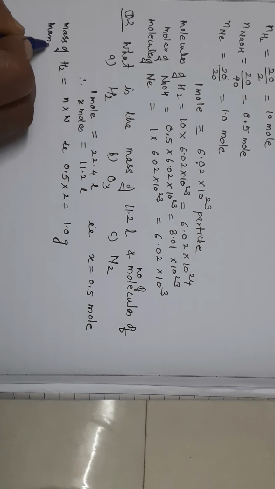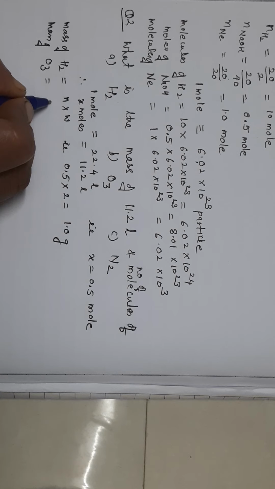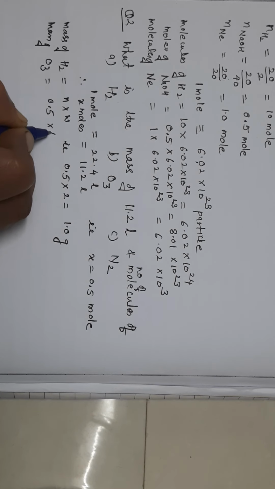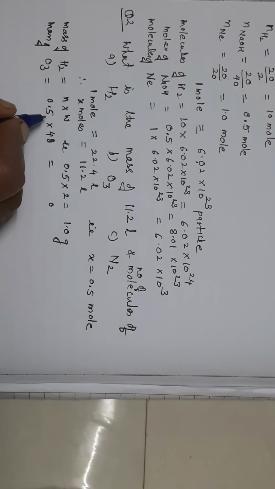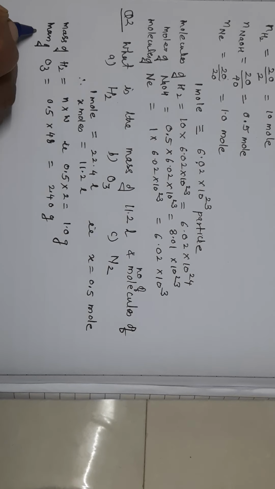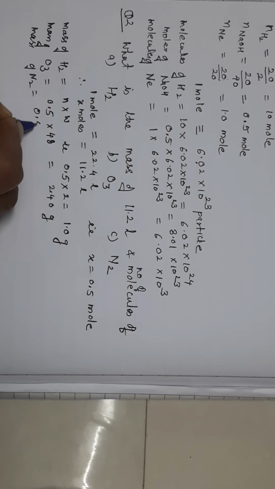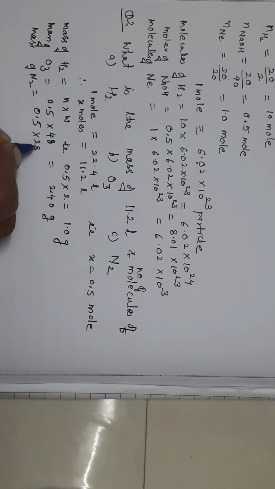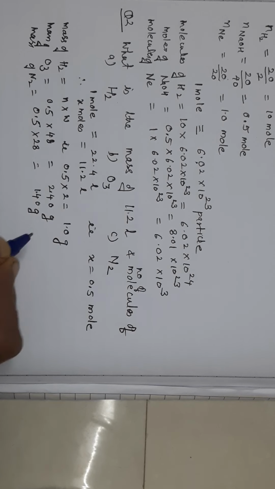Same way, mass of ozone is equal to 0.5 multiplied by 48, which is equal to 24 grams. Same way, the mass of nitrogen is equal to 0.5 into 28, which is equal to 14 grams. So, in this way, we have calculated the mass.